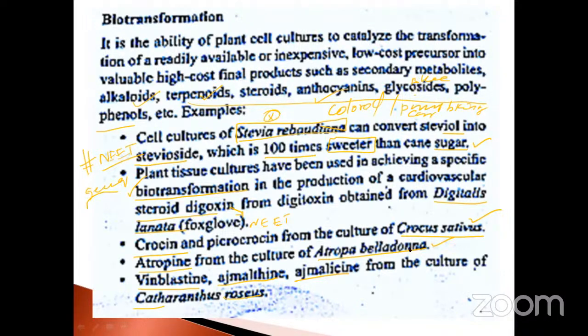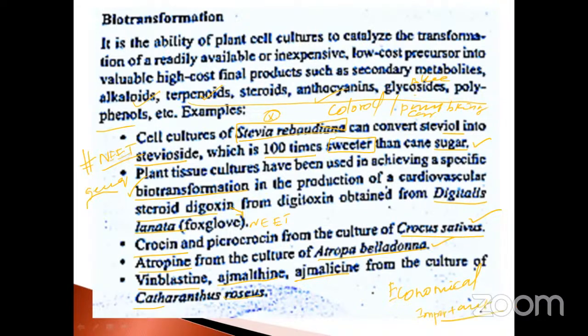You already studied this when you were studying the families: Solanaceae, Fabaceae, Malvaceae, Monocotyledon. Listen, my dears. Crocus sativus is also very, very important. Economically important. These all come under economically important plants.